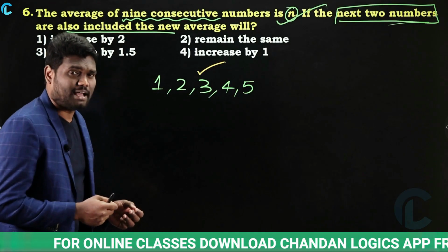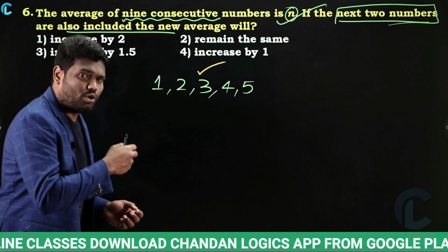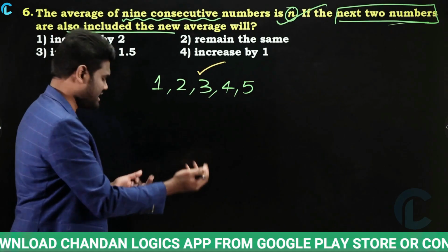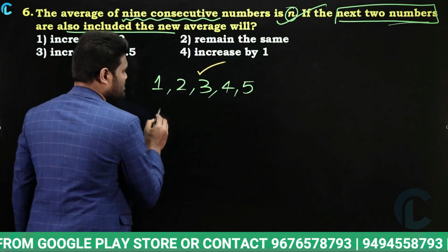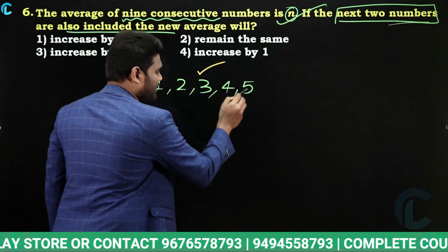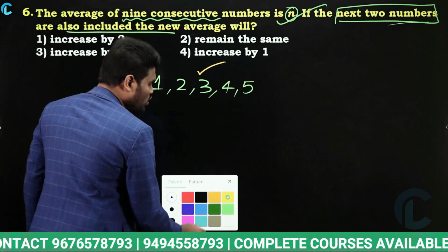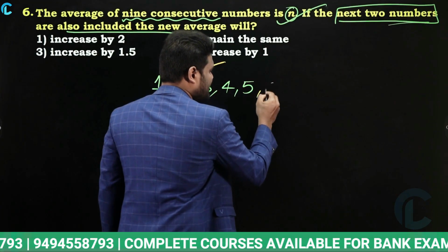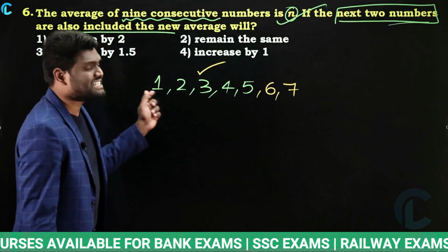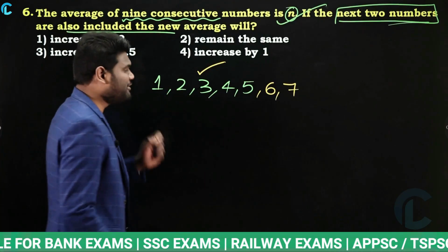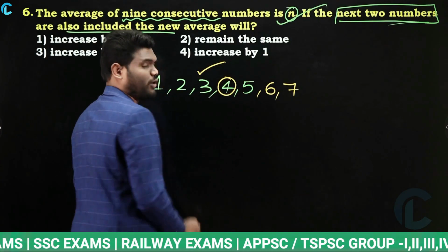Now let us include the next two numbers, which are 6 and 7. What is the average of these numbers? It is nothing but 4.